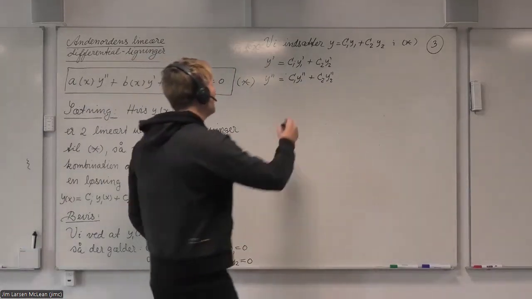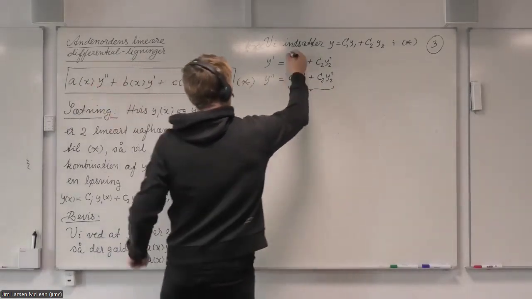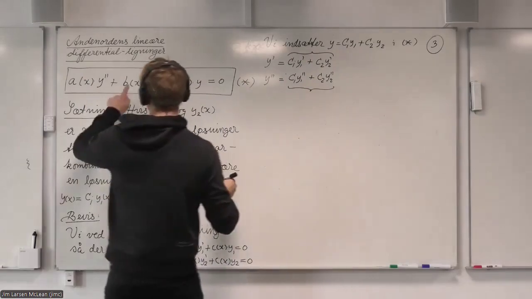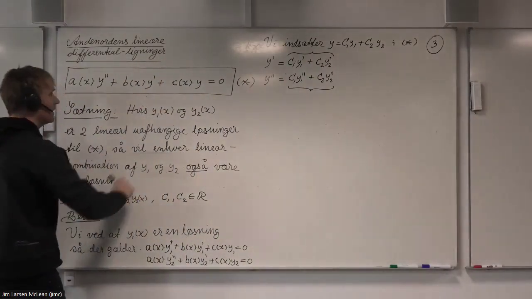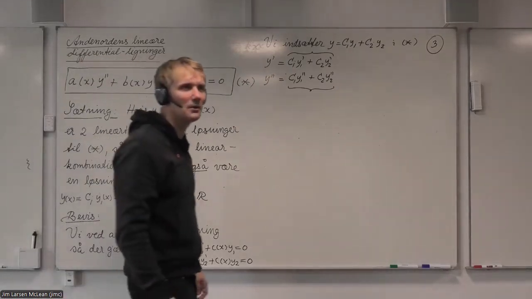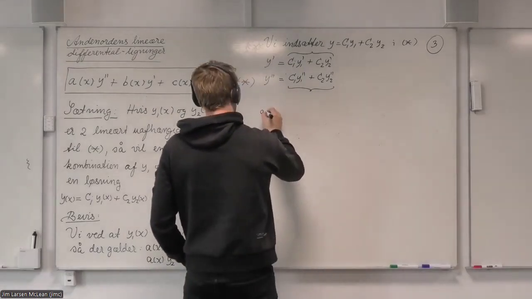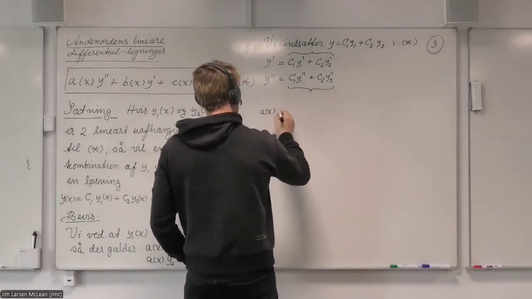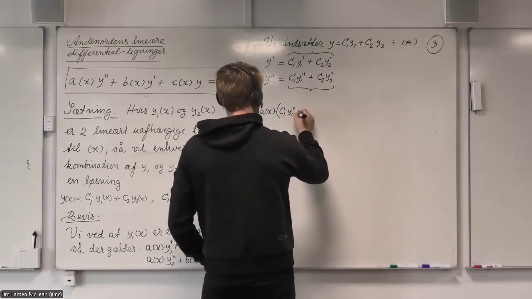So now I can take all of this and slot it into that space. And I can take all of this and slot it into that space. And I can take all of that and slot it into that space to see if it equals 0. And it does, but let's just do it. So first we get a of x times parenthesis. And now I could really have used my chalkboard because I'm running out of space. So I have to reduce the font size a bit.